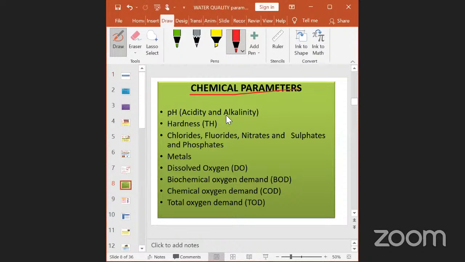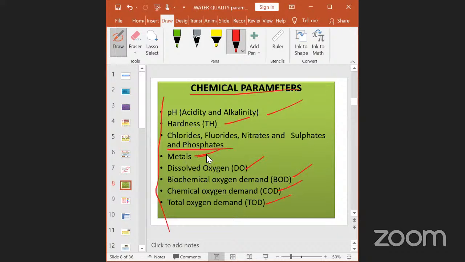So chemical parameters are pH, hardness, chlorides, fluorides, nitrates, sulfates, phosphates, some of the metals, and DO, BOD, COD and TOD, that is, dissolved oxygen, biochemical oxygen demand, chemical oxygen demand and also total oxygen demand. So these are the chemical parameters.